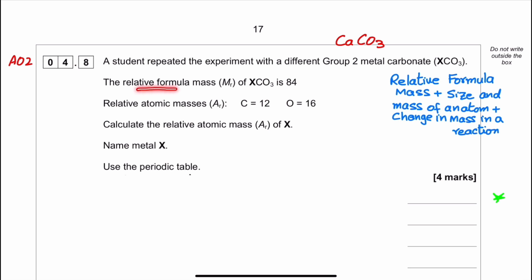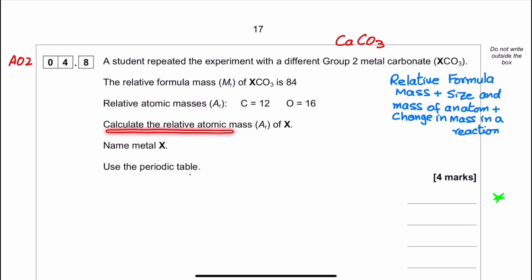The relative formula mass of that compound is given, that is 84, whereas relative atomic mass of carbon is 12 and relative atomic mass of oxygen is 16. So this 12 and this 16 will help us here, but X is unknown.